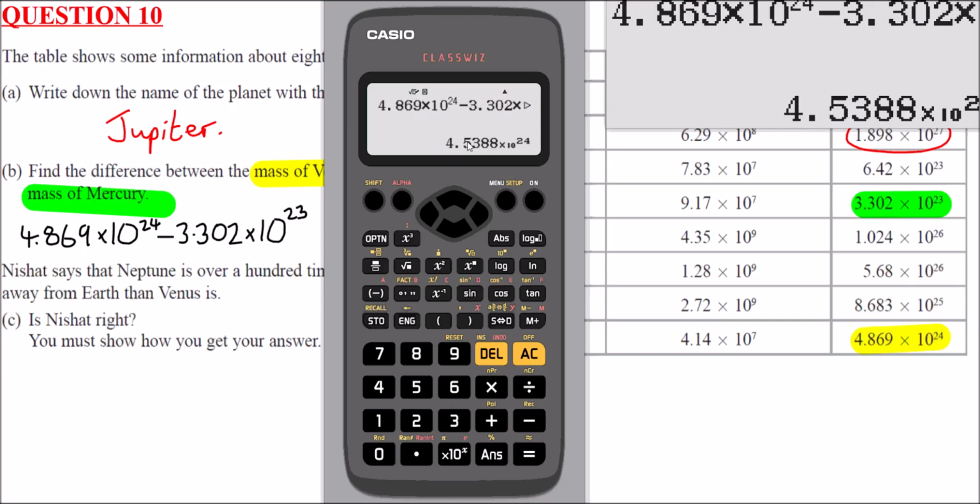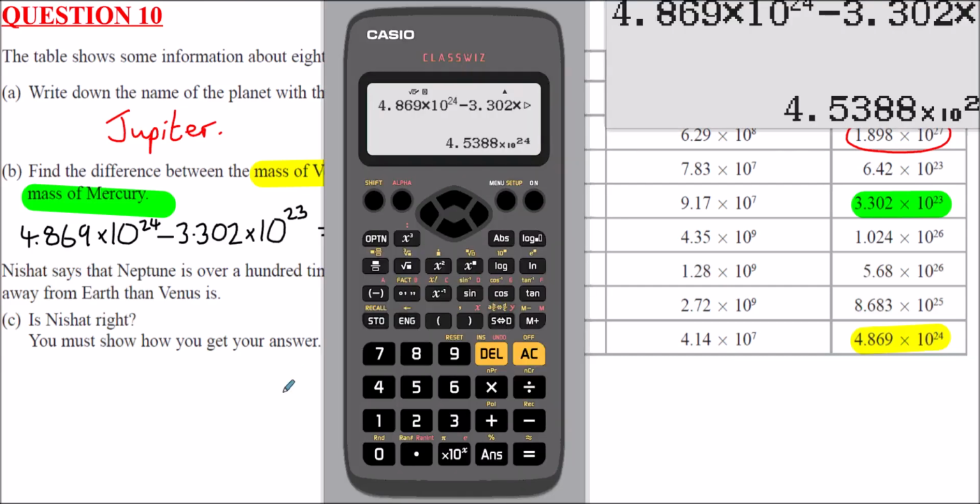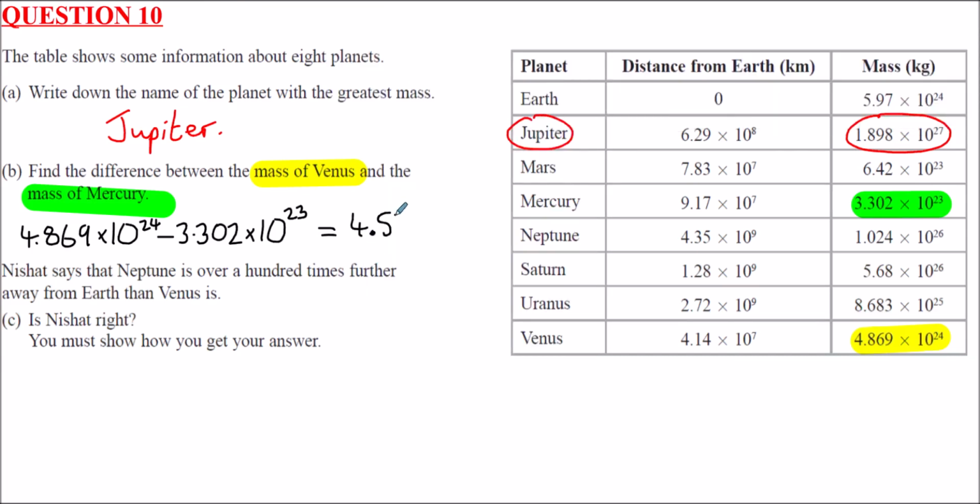So I get 4.5388 times 10 to the 24 kilograms. So that's the difference in mass between these two planets.